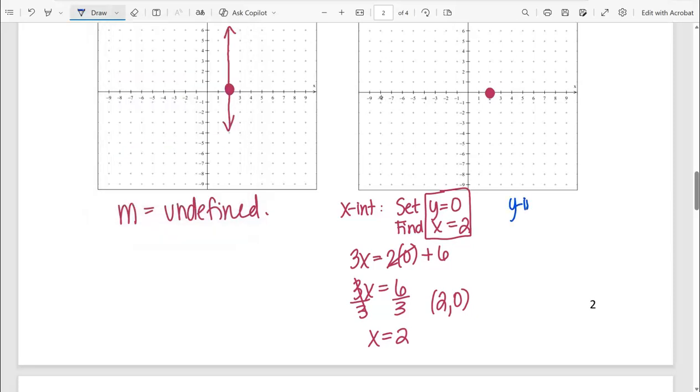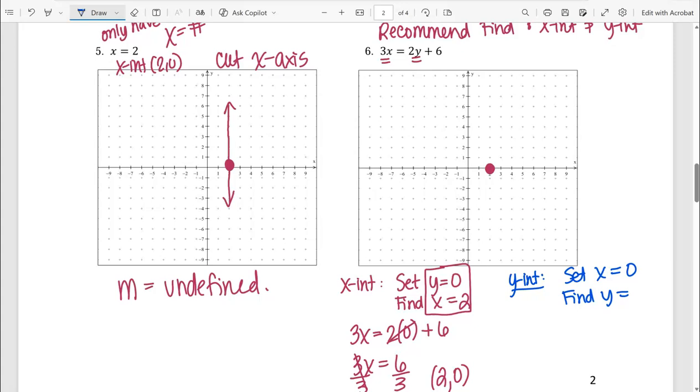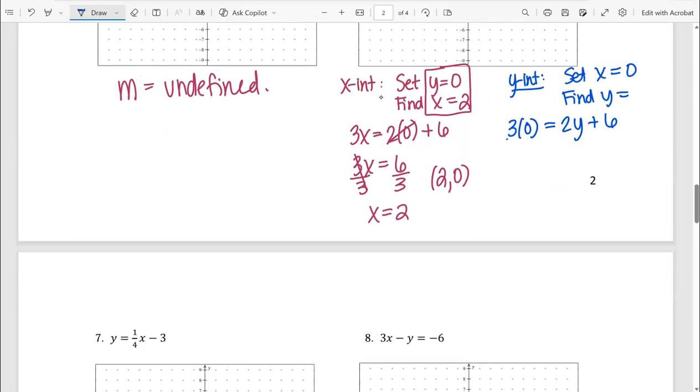I also turn around and find the y-intercept because I need 2 points to form a line. To do that, I set x equal to 0, and I find the y value that goes with it. So I have 3 times 0 equals 2y plus 6. Well, 3 times 0 is 0. And then my focus is to get y by itself.